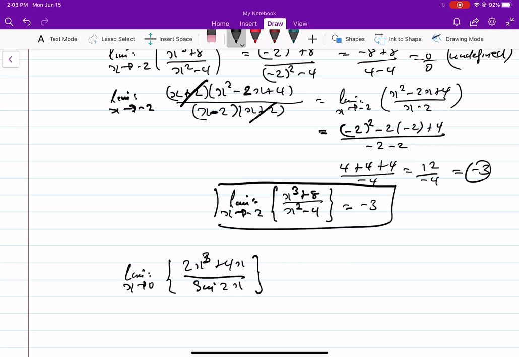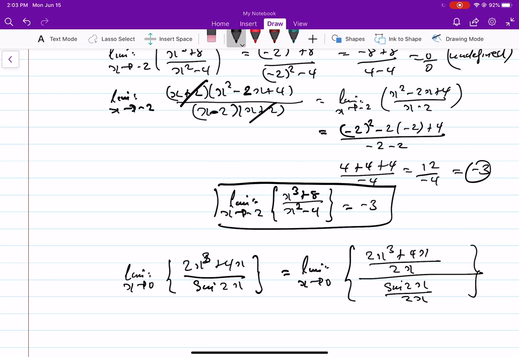One thing I would want to do, I would divide both numerator and denominator by 2x, because I've got the sine 2x on the bottom. So this would be equal to the limit as x is approaching 0 of 2x cubed plus 4x upon 2x, all upon sine 2x upon 2x.